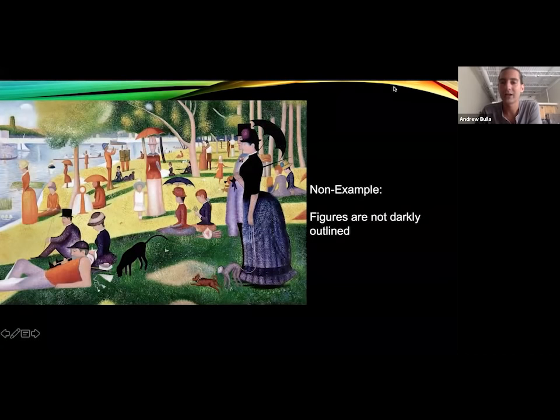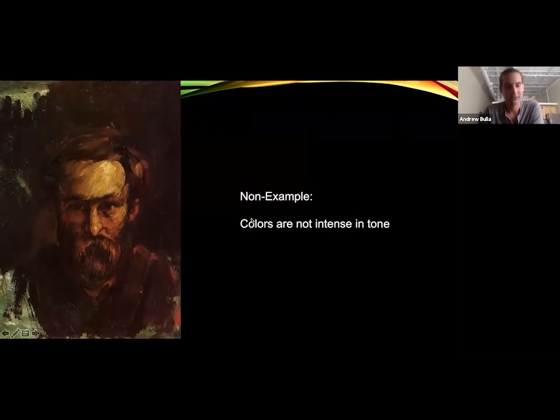Now let's look at our non-examples. So we're going to remove one critical feature. Forms are not darkly outlined. So we see the brush strokes are energized, we see intense color tone, but there's no darkly outlined figures. This is a non-example. So I see dark outlines, energized strokes.